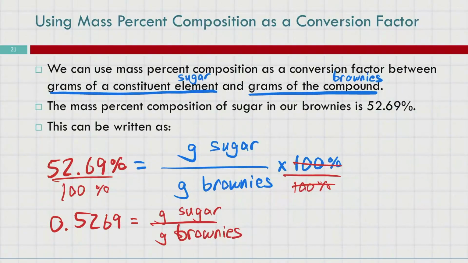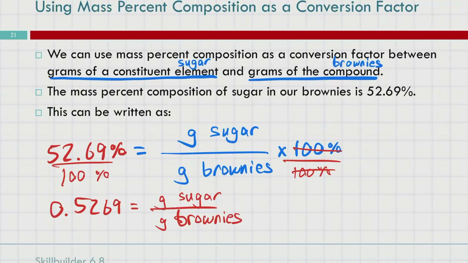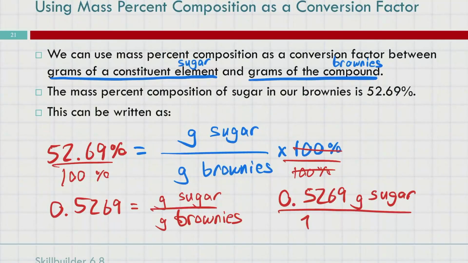And we can actually just smoosh those together. 0.5269 grams sugar per every 1 gram of brownies.